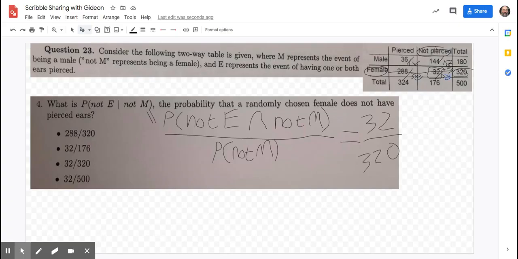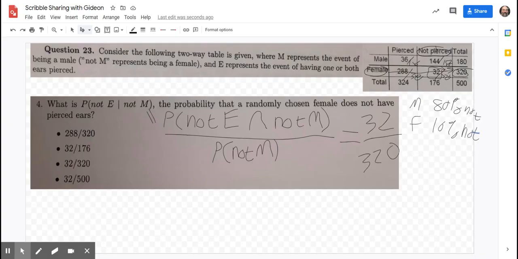The males, given a male, the not pierced is 80%. And given female, it's 10% in this particular group of students. So that compares the rate of piercings instead of just comparing the amount.